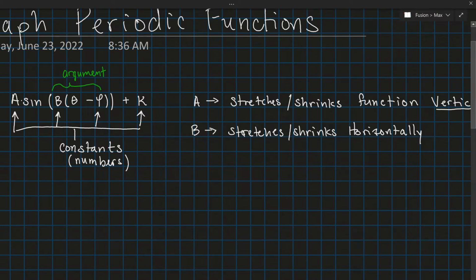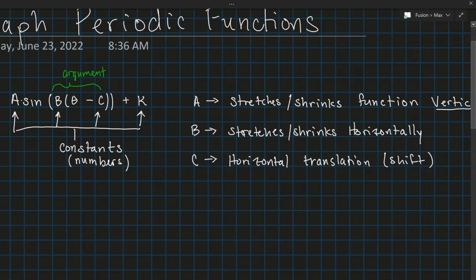This thing right here, I'm not going to make it complicated. I'll call it C. C is what we call a horizontal translation or shift, which just means that it moves it to the left or right.